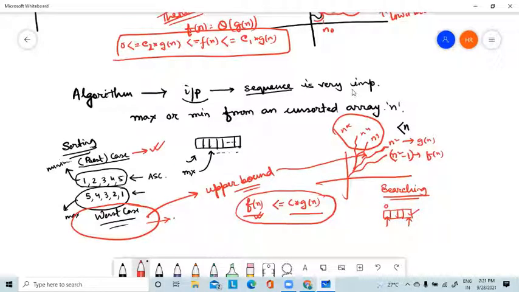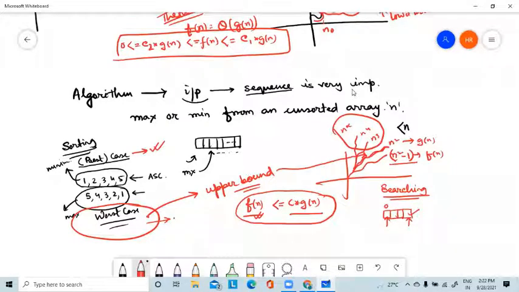Okay. Now, if the function is n square minus 1, then it is obvious that it is less than n square. Correct? Then we can also say that this is also less than n cube. It is also less than n to the power 4. We can, but among this n square, n cube, n4, n to the power infinity, we are only choosing the minimum value.